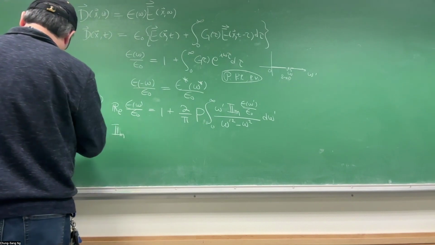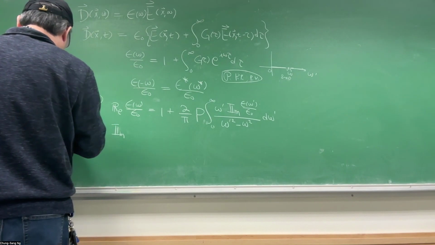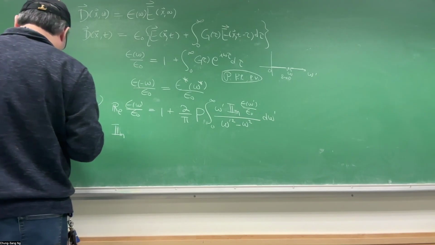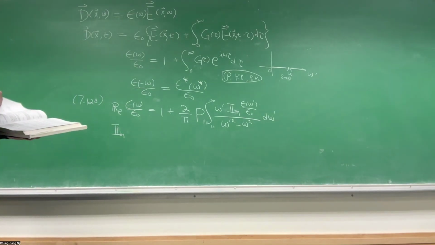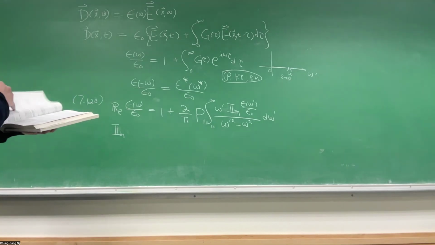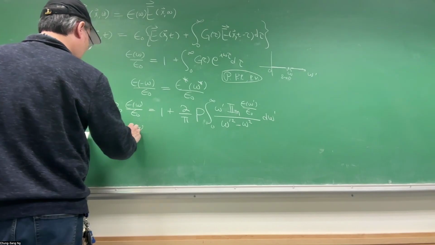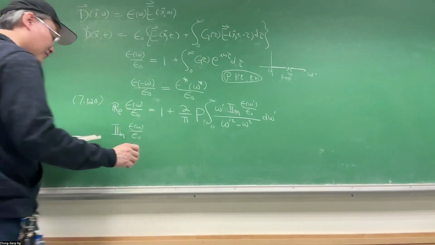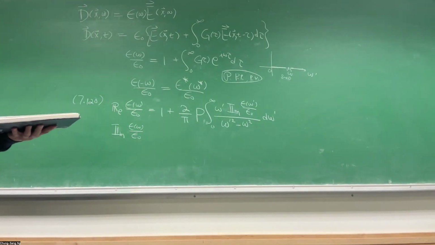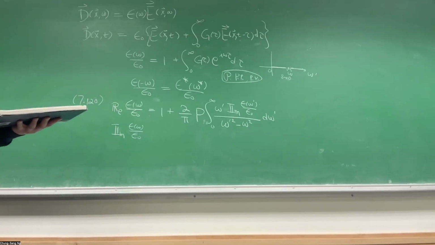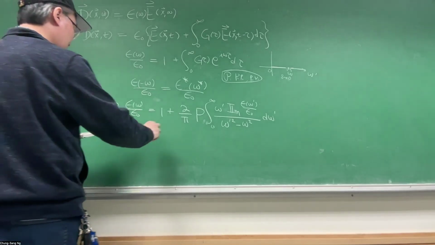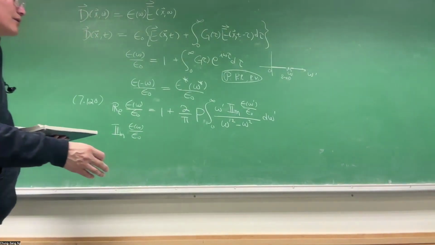So there are two relations. These are called the Kramers-Kronig relations. There are two of them, and these kinds of relations show up in other fields of physics also, not just for the dielectric constant, because the mathematics is quite general.